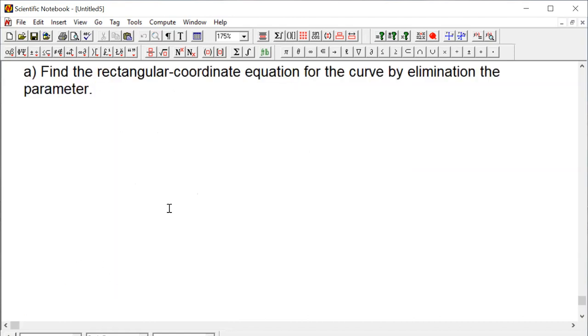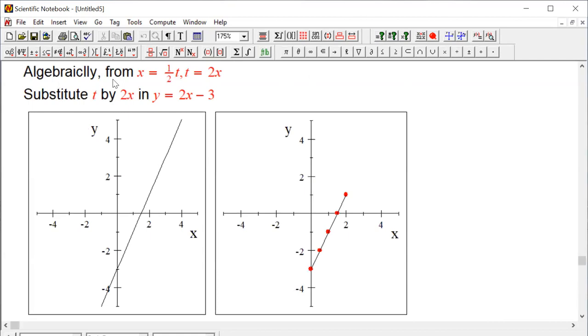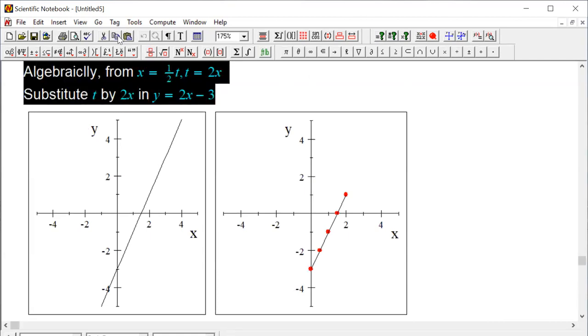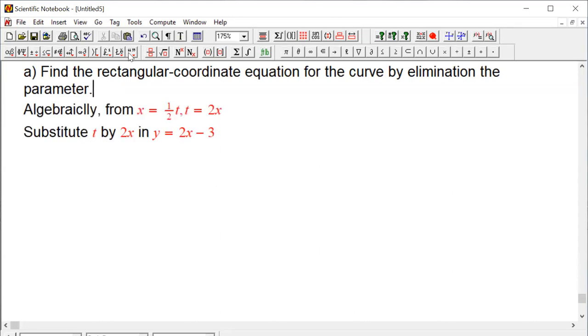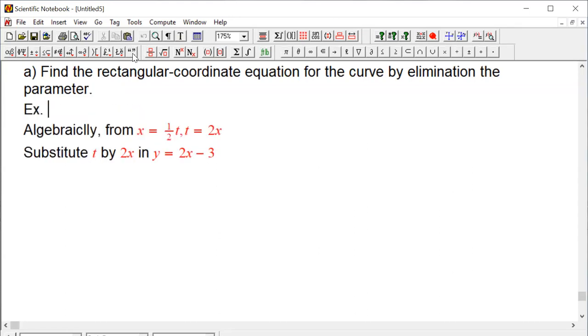That's what we did here. That's the part we did, eliminating, right? So our examples, we have done that.